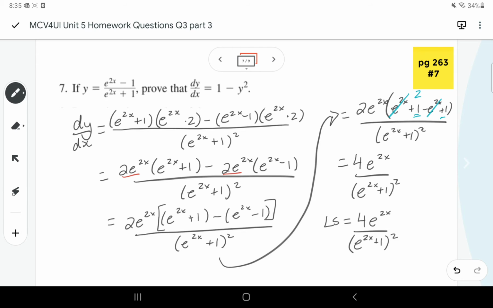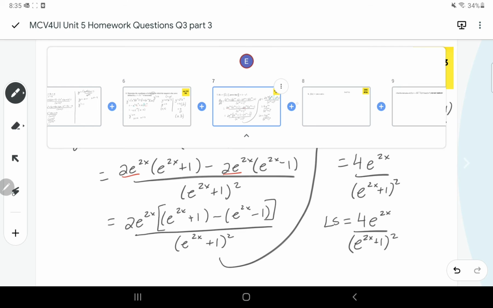Now, we're going to try to figure out whether that right-hand side is also equal to this same value. So I'm going to make a new slide and we'll go through what 1 minus y squared would look like for that right-hand side.